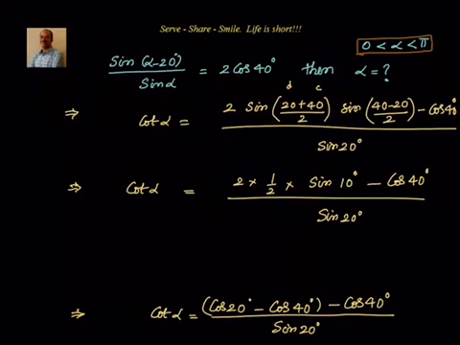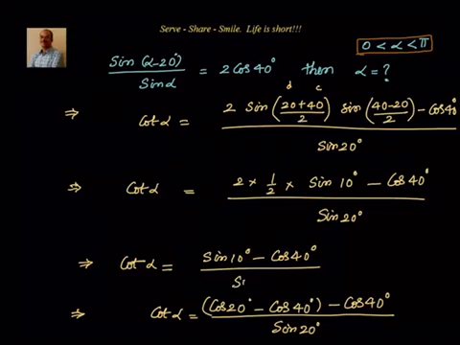So can I go to the next step and write it as cot alpha equal to, 2 into 1 by 2 cancel out. So we have sine of 10 degrees minus cos of 40 degrees divided by sine of 20 degrees.